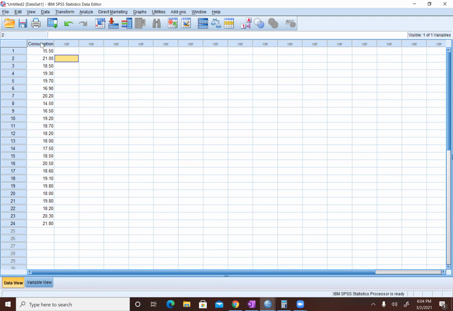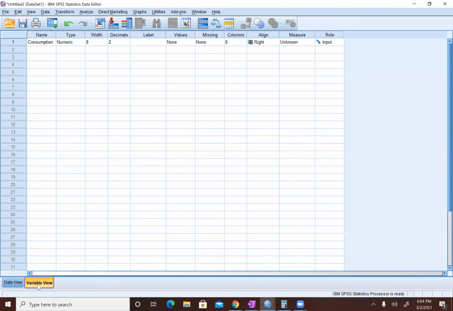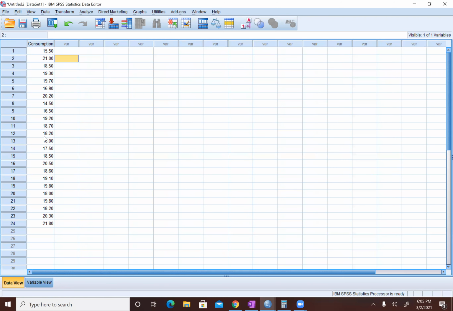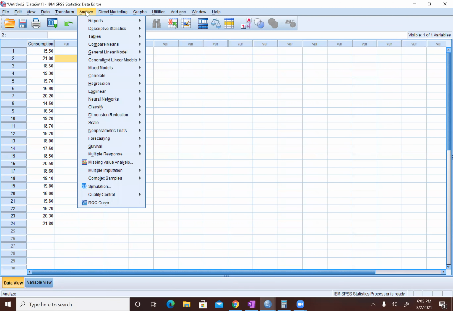You have this data written in this column, consumption. The nice thing is that you can just start typing in the data in a column, and then you can go to variable view, and there are different things you can do to it. We don't need to be concerned with other things at the moment. You can just give it a name over here, which I have already given. Then you go to Analyze, Descriptives.